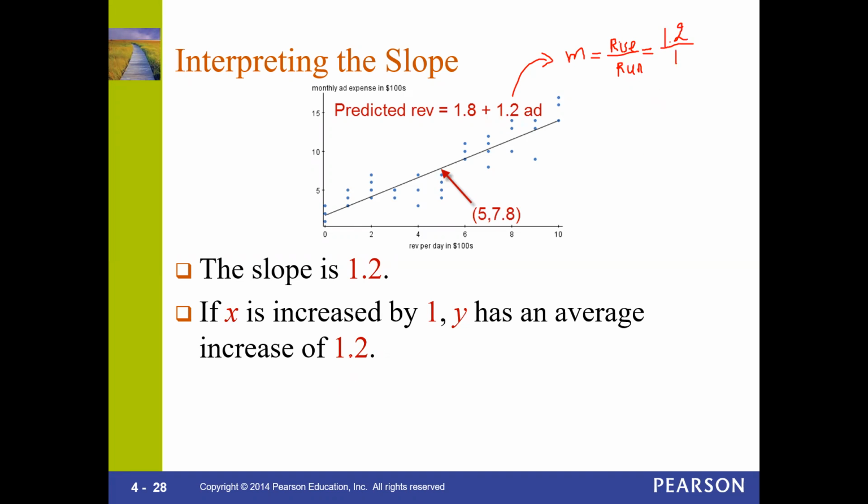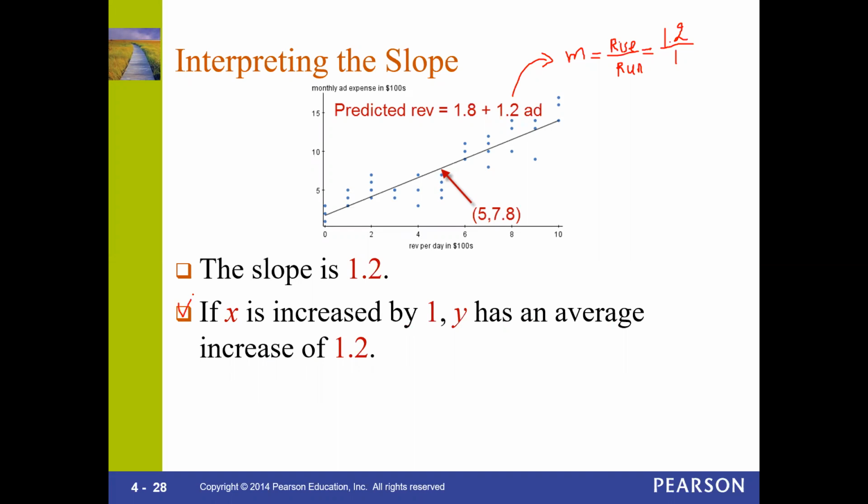That means that if x increases by 1 unit, y has an average increase of 1.2. You can also say it the other way.